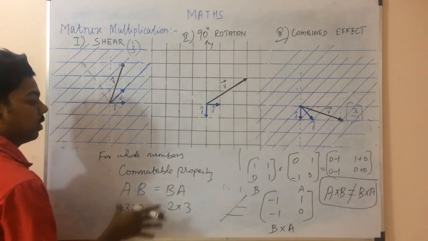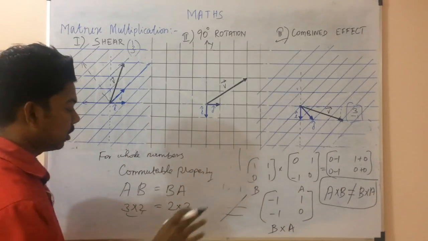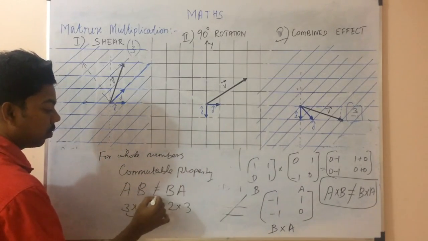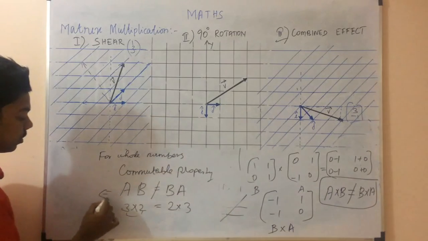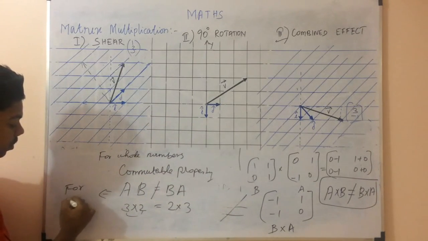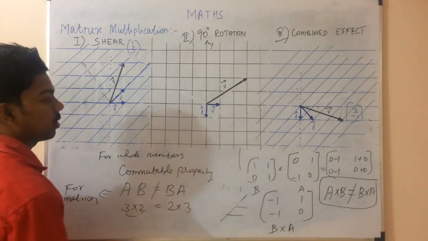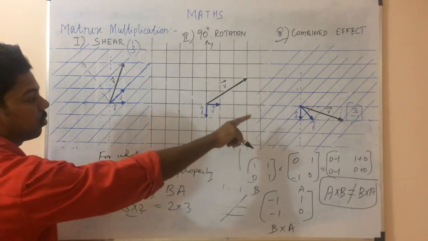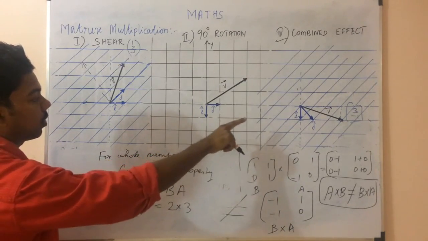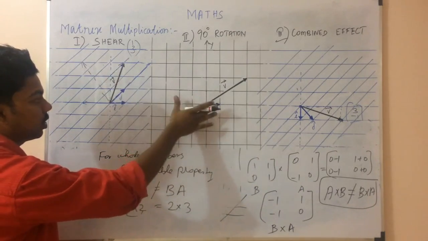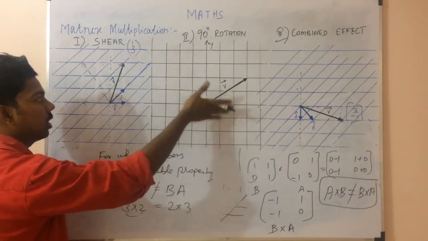But if you take matrices, A into B will not be equal to B into A. I think I have done this homework: first shearing and then rotation, and second case rotation and then shearing.